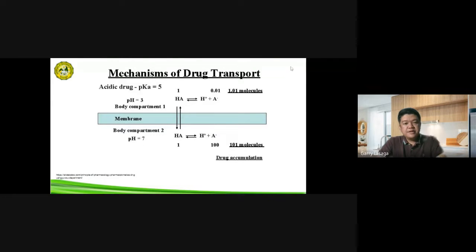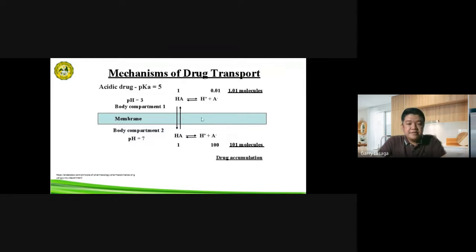We also have here another diagram showing the absorption of our acidic drug. So this particular drug has a pKa of 5. Meaning that at the pH of 5, the proportion of the ionized and the unionized form of the drug is equal to 1.